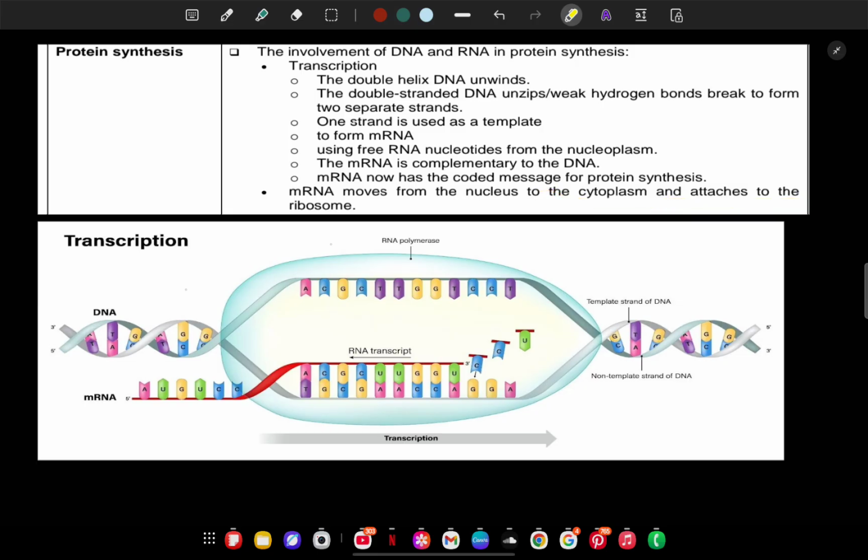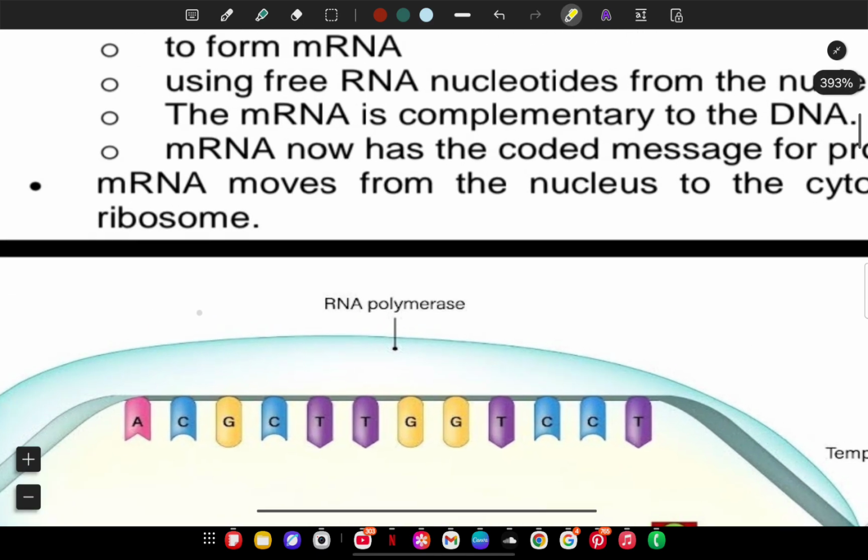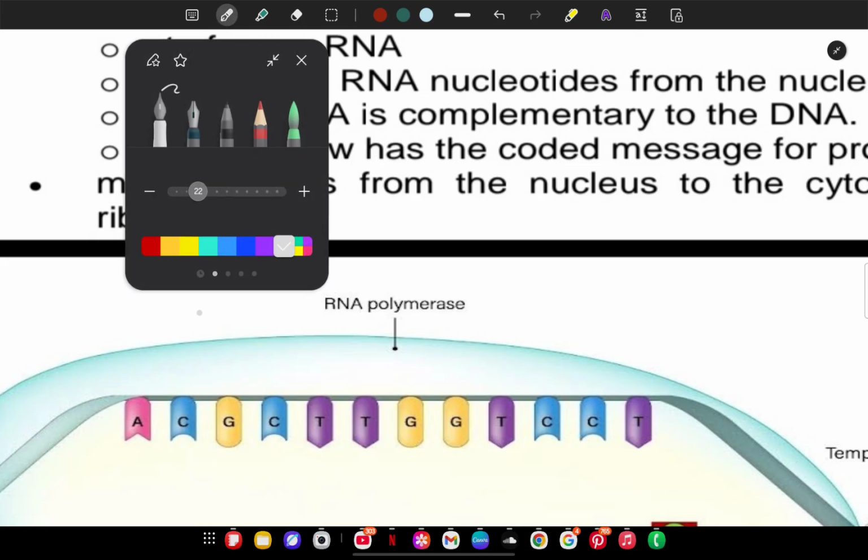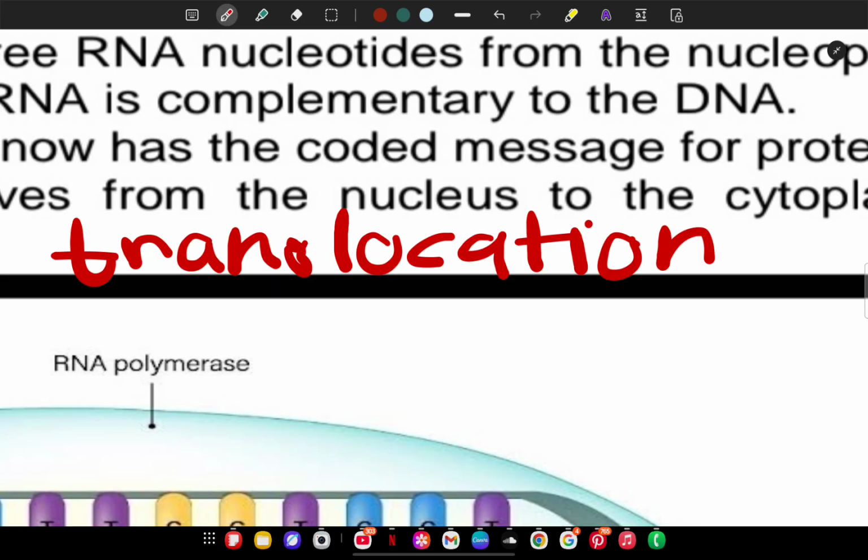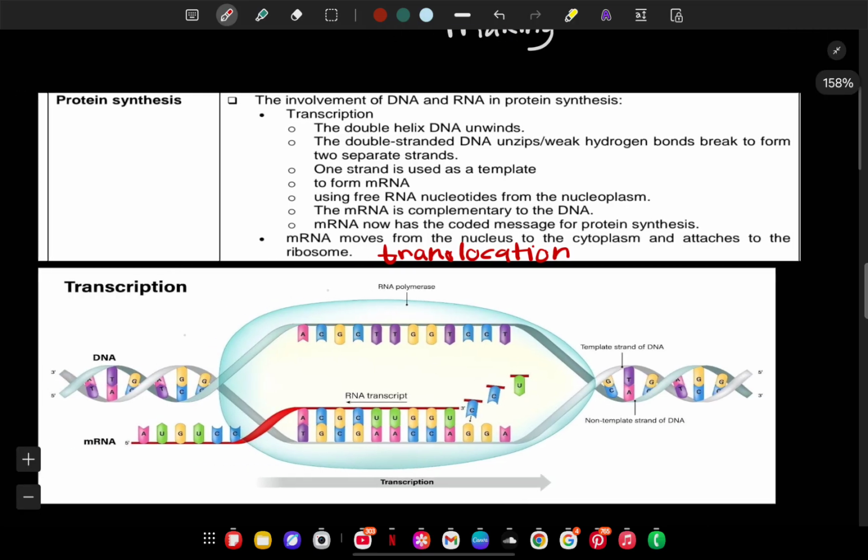So the phase where mRNA moves from the nucleus to the cytoplasm, we call it translocation, where mRNA transports itself outside of the nucleus to the cytoplasm through the nuclear pores. We call it translocation.